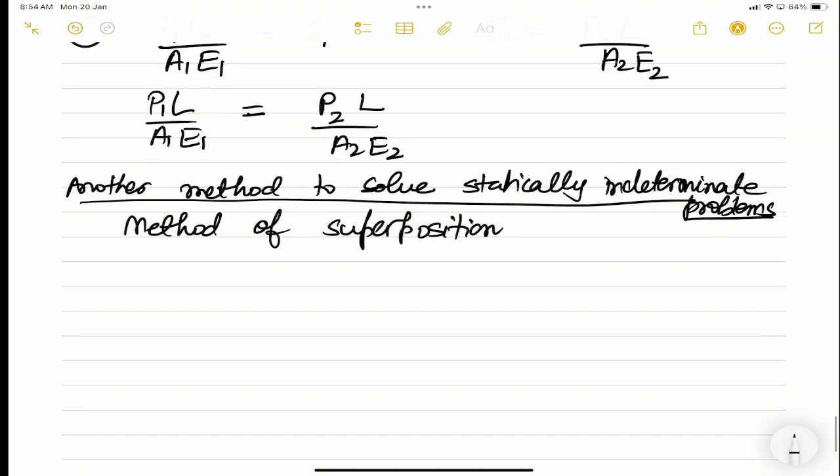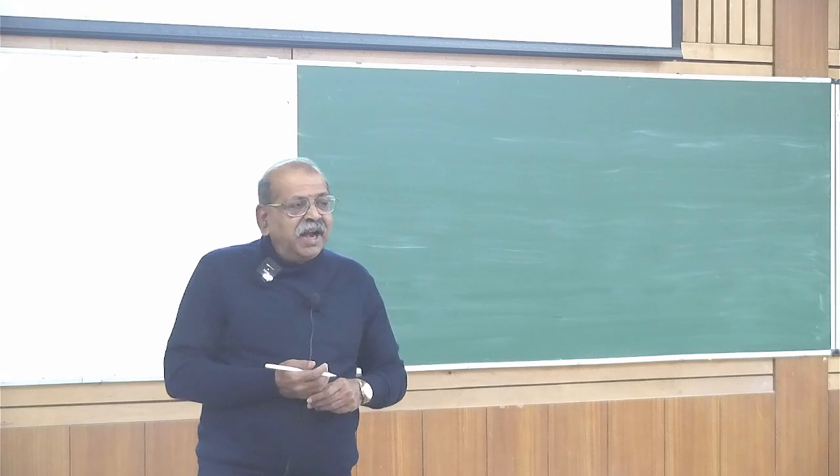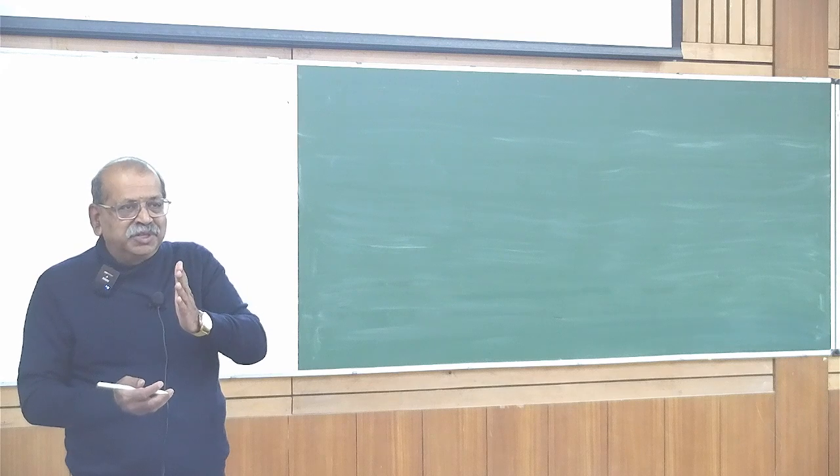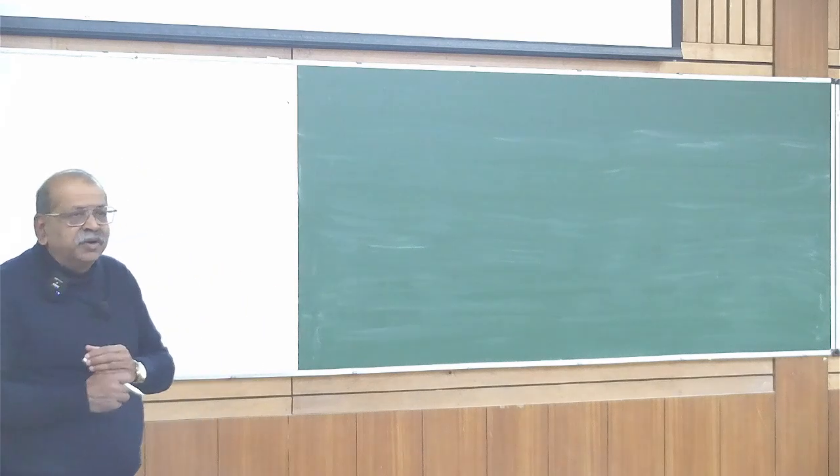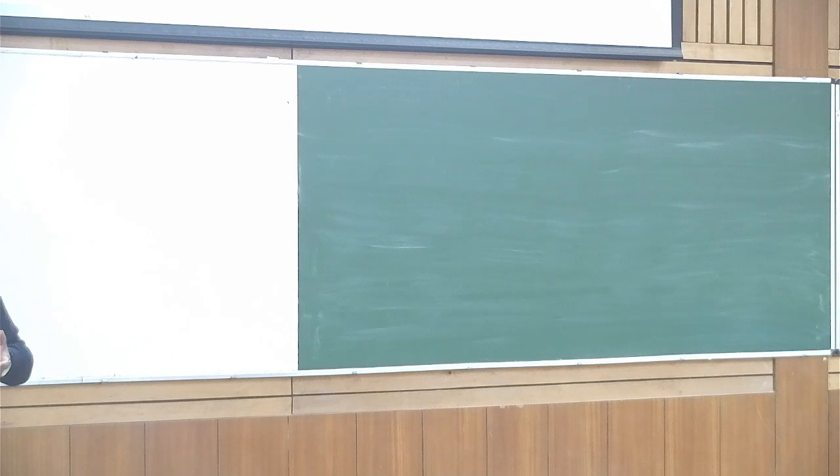Now, in method of superposition we realize that stress strain relations are linear. So, if you have a linear equation then you can superpose solutions. For example, if you have an equation y is equal to f of x and this is a linear equation, there is a solution y1 and there is another solution y2, then y1 plus y2 will also be a solution. In linear equations we can do superpositions.